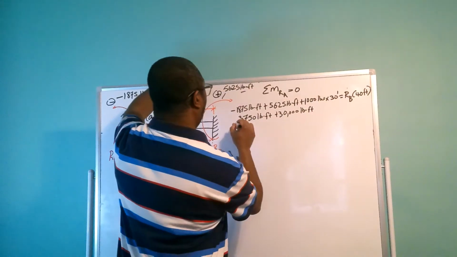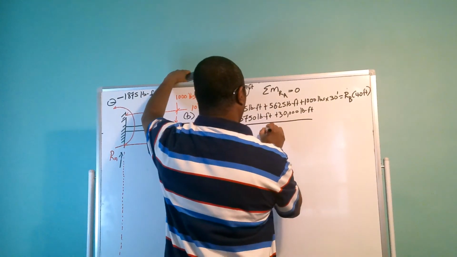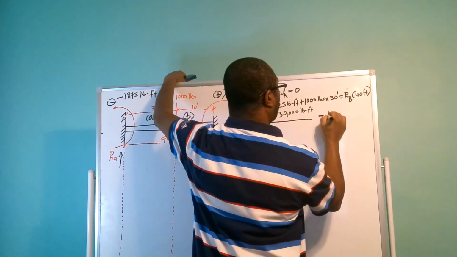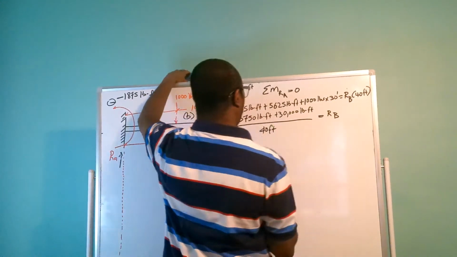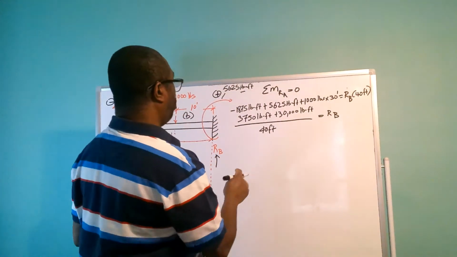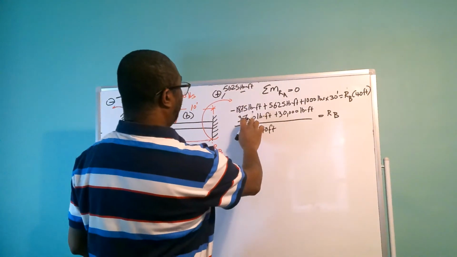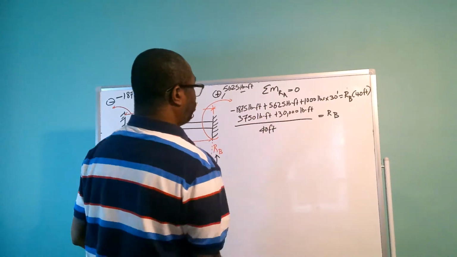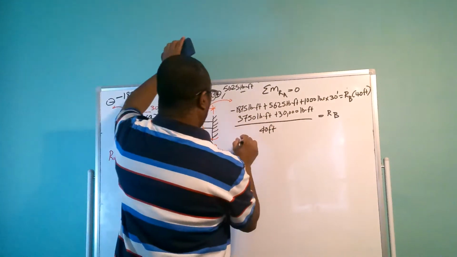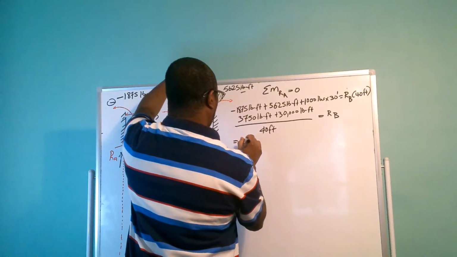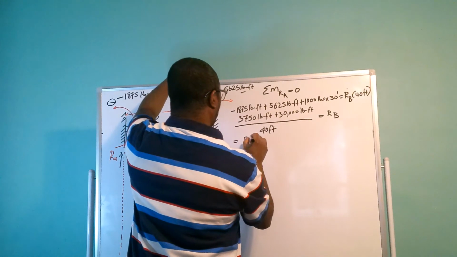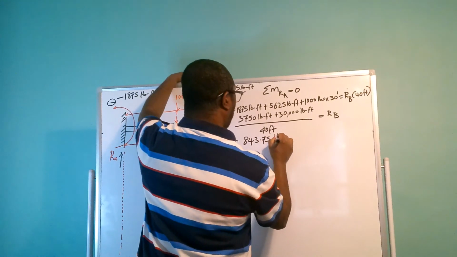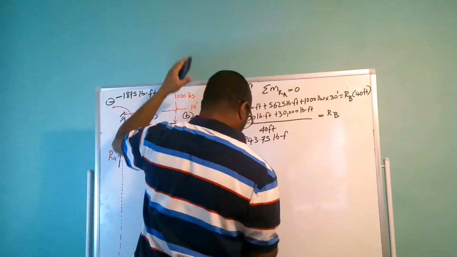So we're going to divide this now by 40 feet, equal to RB. So if you add 3,750 plus 30,000 and divide by 40, the result should be 843.75 pounds.